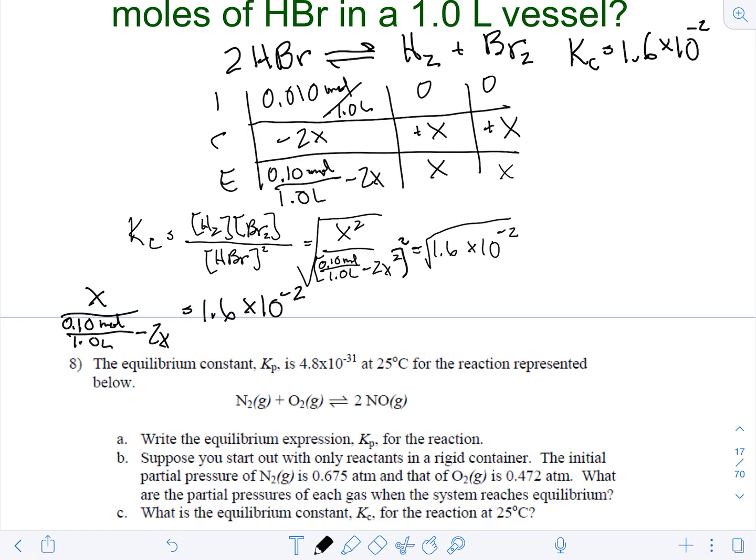So when I solve for this, it becomes 1.6 times 10 to the negative second times 0.10 moles over 1 liter minus 2x, and that's equal to x. So you want to essentially carry out the multiplication.